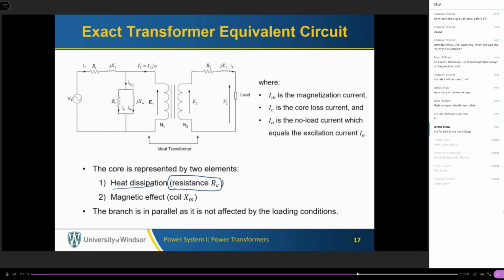We have another component for the core, which is the magnetization reactance. This magnetization reactance represents the reluctance of the core. The core is represented in the magnetic circuit like this: N1, I1, N2, I2, and there is a reluctance here.